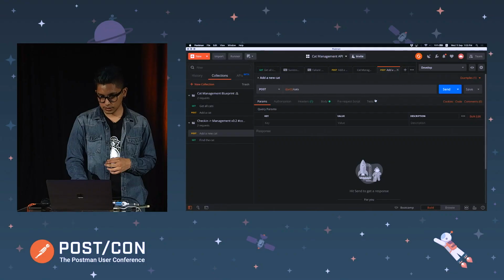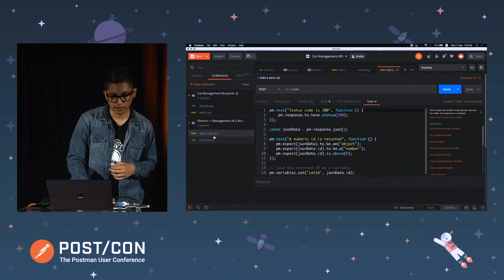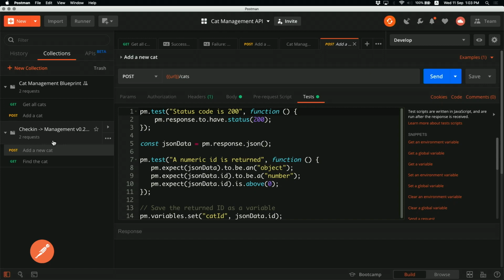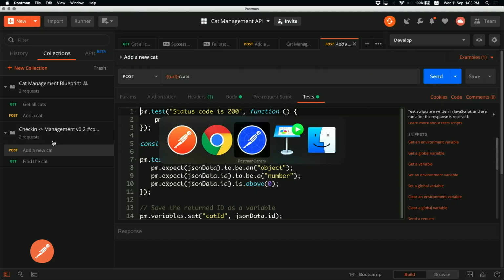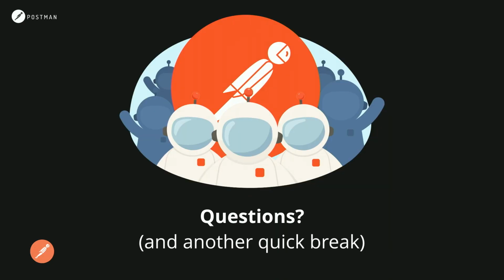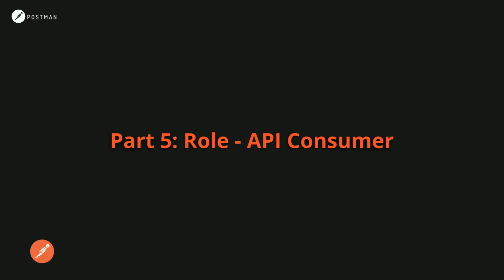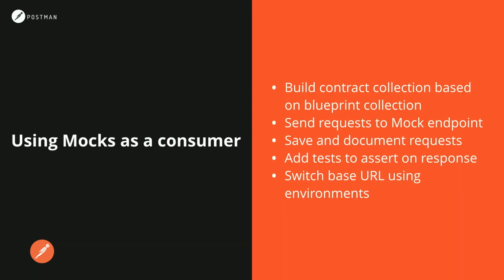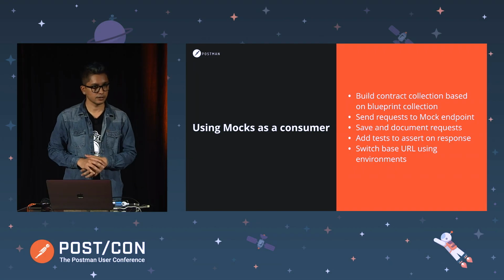So what I have here in this collection, actually before that, let me take a step back. So I showed this versioning. I'm going to skip the questions. And this is where I am right now.